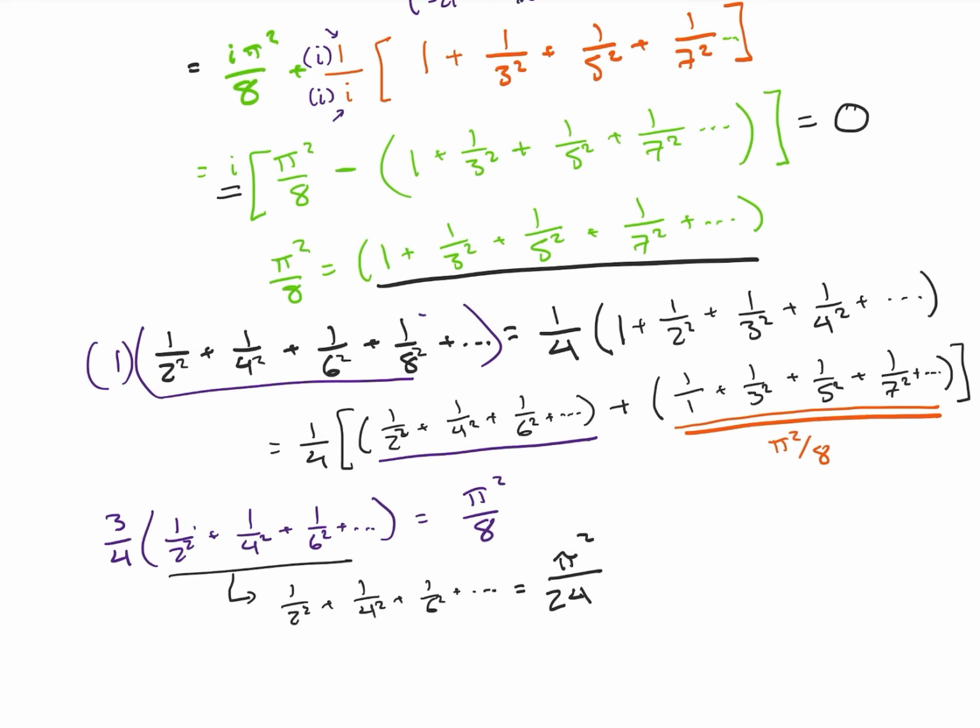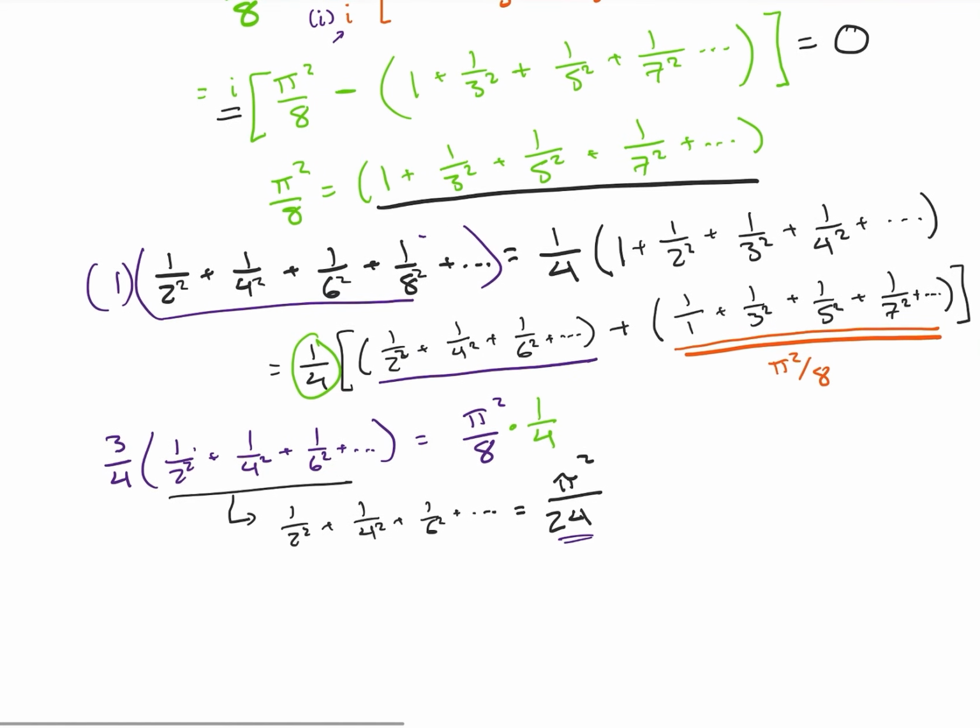I missed something here. Oh, the 1/4. So here we had the 1/4 outside, so this should be times 1/4. Okay, so I'm going to have pi squared over 24. So this 24 here is coming from the pi squared over 32 times 4 over 3.